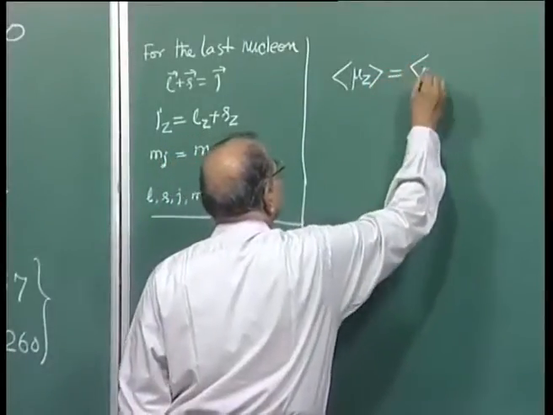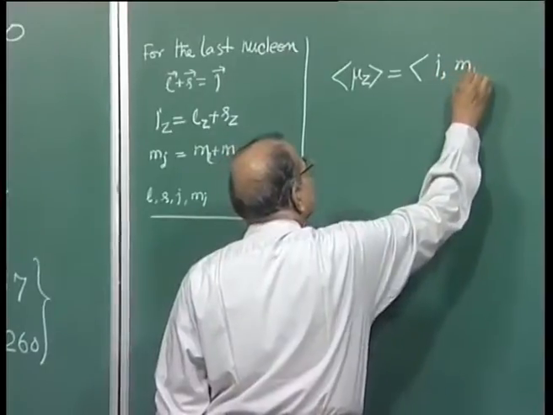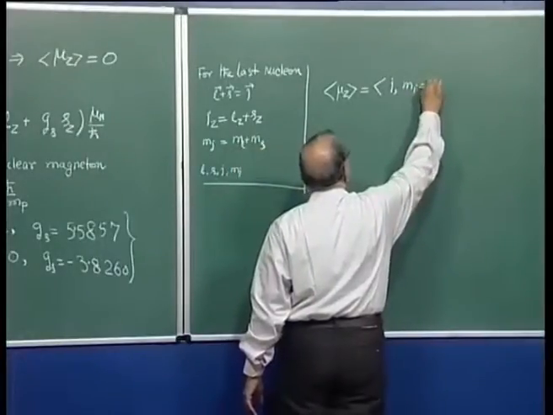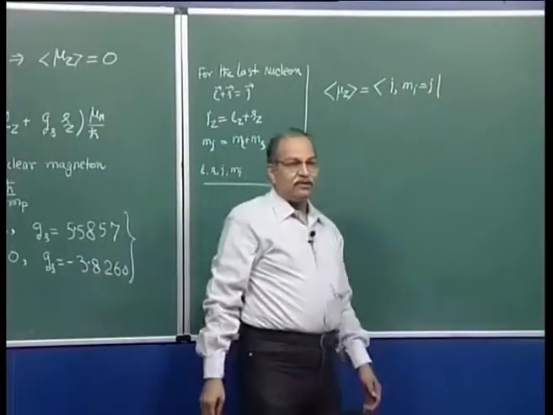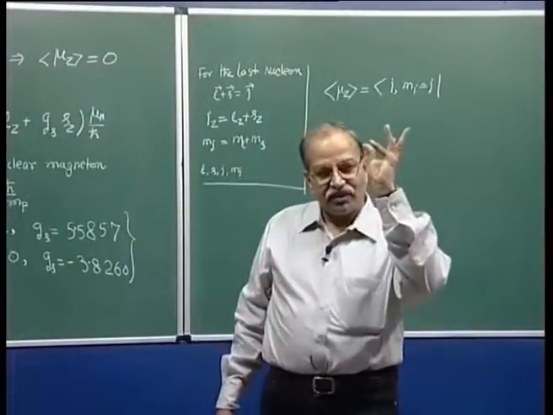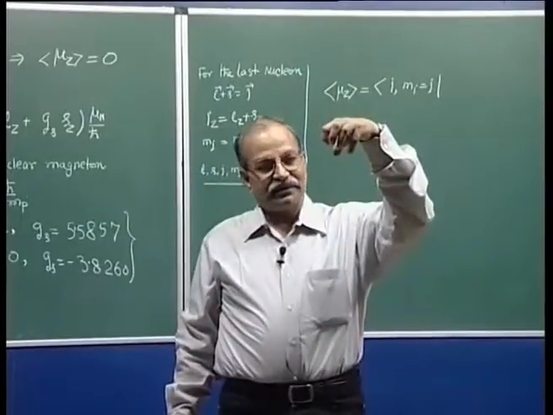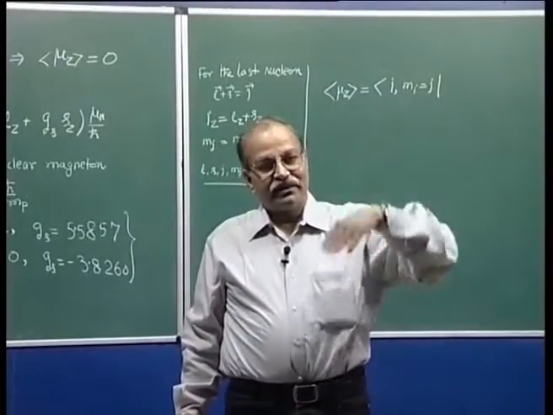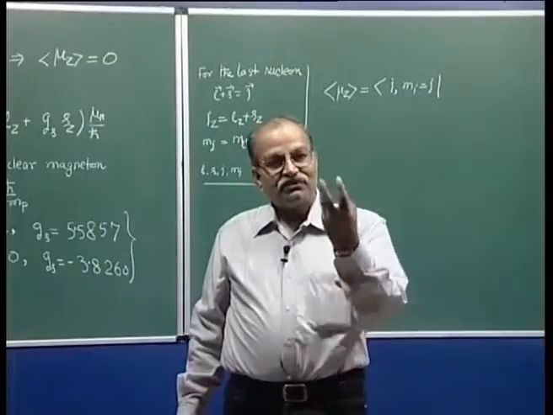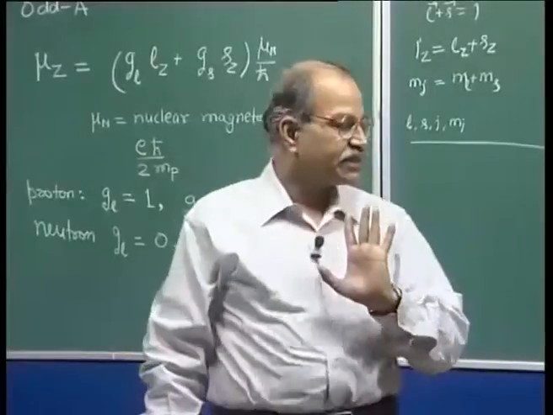In what state? In the state J and Mj equal to J, the highest value of Mj, because we are trying to measure that z component of mu z by aligning all these things in that z direction, and therefore the angular momentum z component is also at its maximum value.